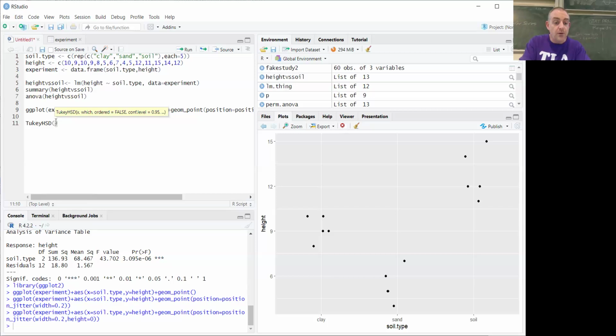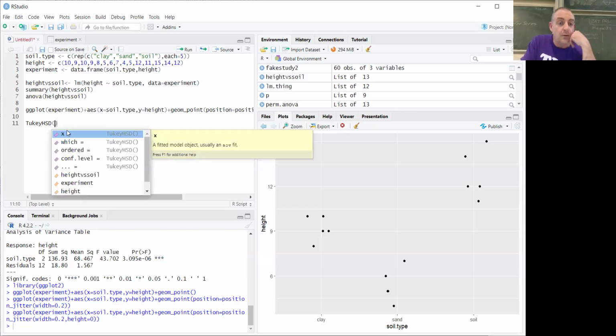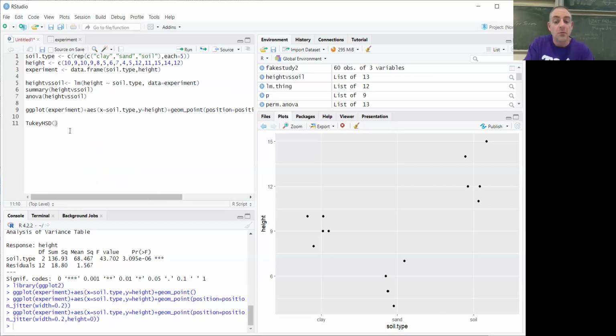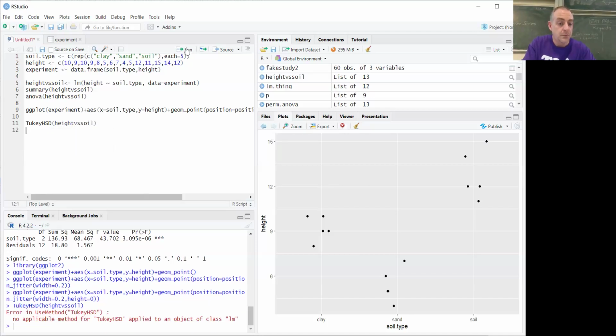And what do you put into Tukey HSD, pray tell? A fitted model. Okay. Well, that was called height versus soil. Ah, you ridiculous person. So maybe I should have done AOV.